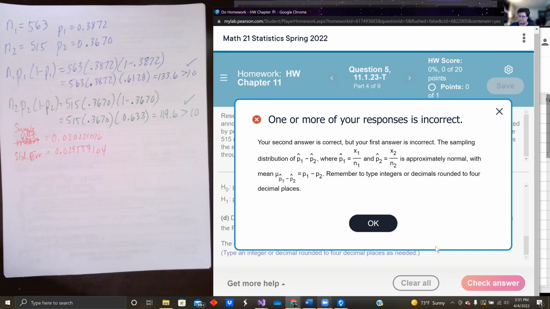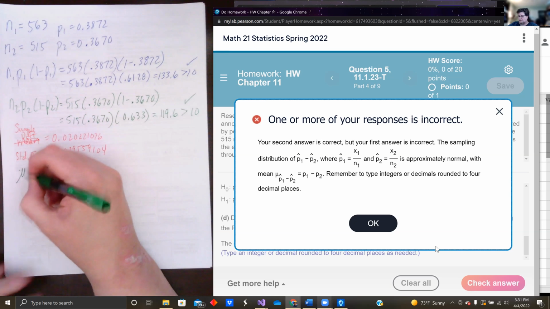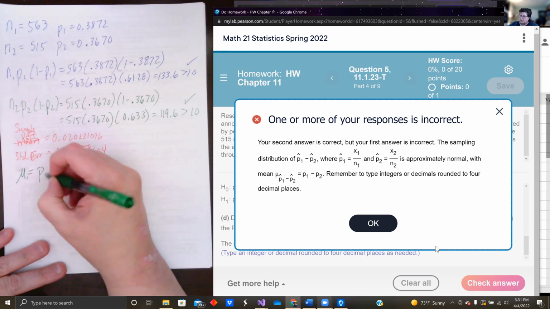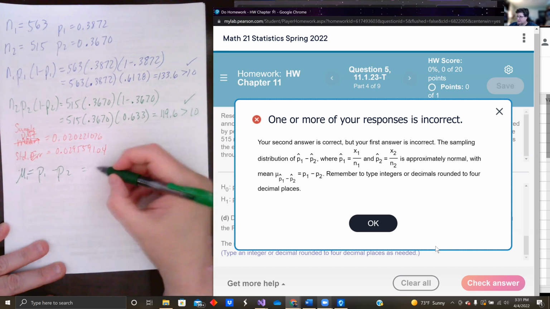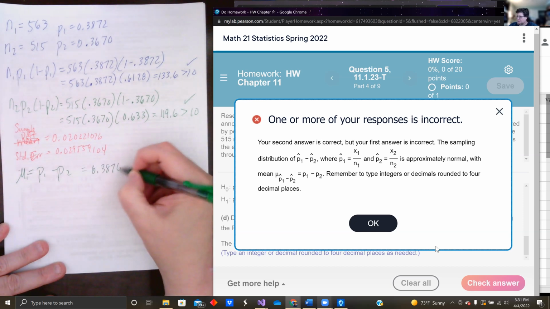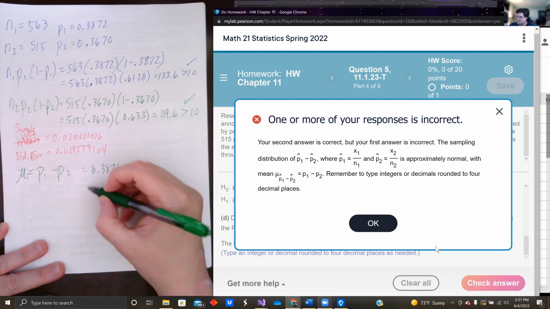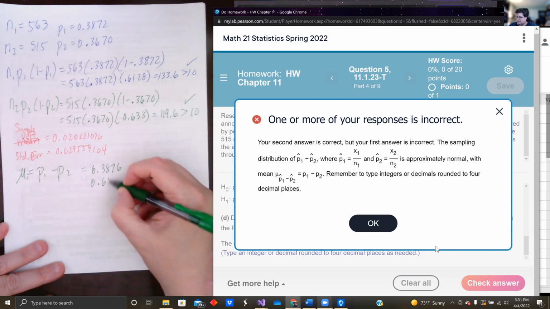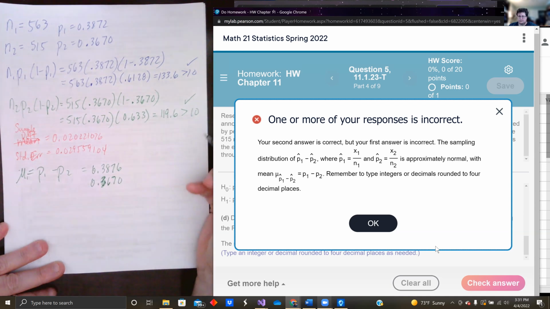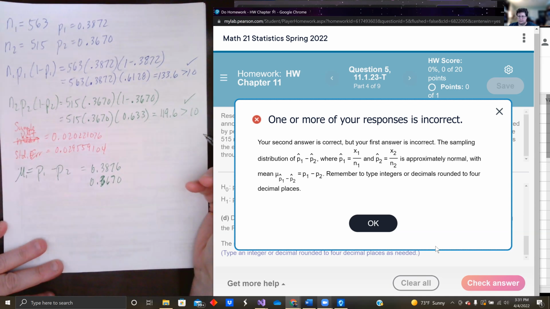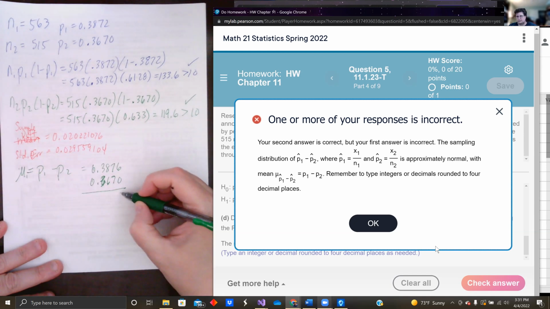P1 minus P2. That's what they're telling me I did wrong. So the mean is P1 minus P2. We have P1 and P2. P1 is 0.3872. P2 is 0. That should be what I had. I'm going to subtract them. I wrote a 6.